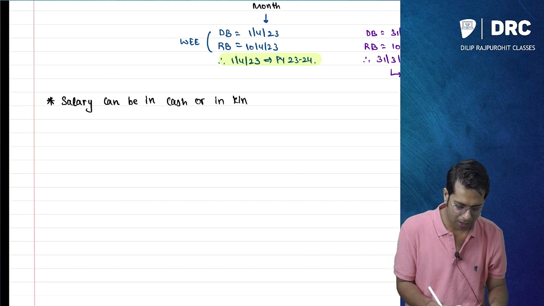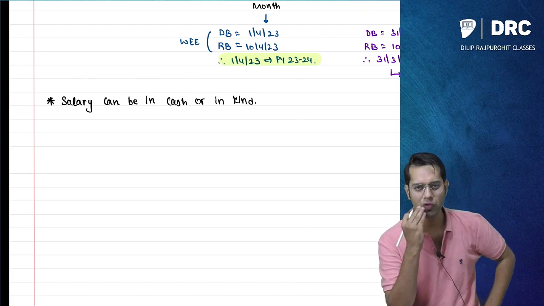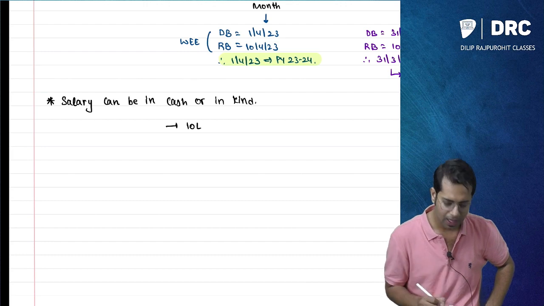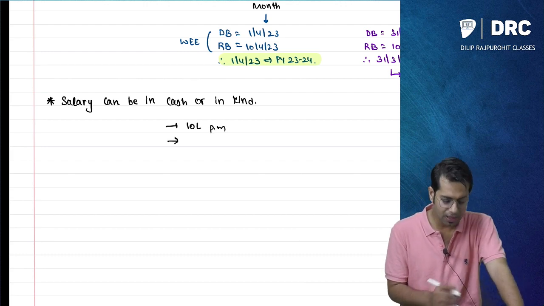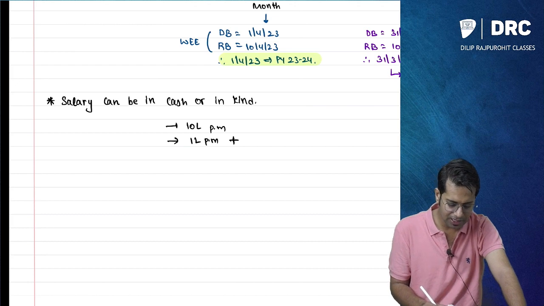For example, in Priya Sarees, I have few employees whom I am paying salary of 10 lakh rupees per month. I have few employees who say, sir, you pay us 1 lakh rupees salary per month, plus you give me 5 sarees.